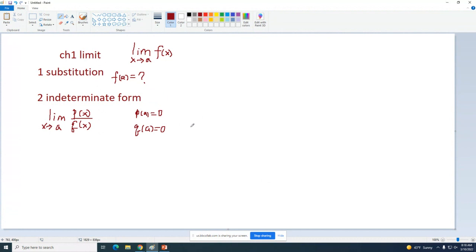So the first scenario is you plug in, the function has a fraction, and the numerator of the fraction equals 0 and the denominator equals 0. That's going to cause a problem when you calculate the limit. But that doesn't mean the limit does not exist. It only tells us the limit cannot be determined by simple substitution. We call this kind of indeterminate case the 0 divided by 0 case.